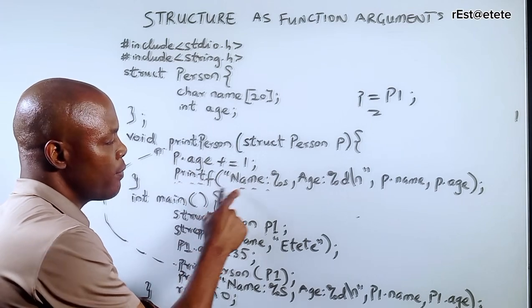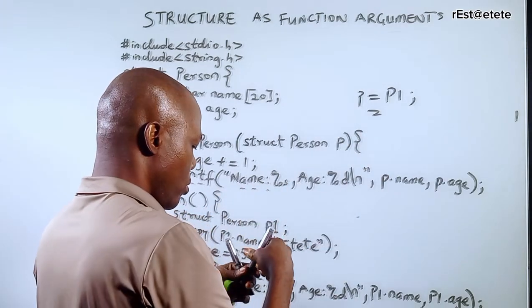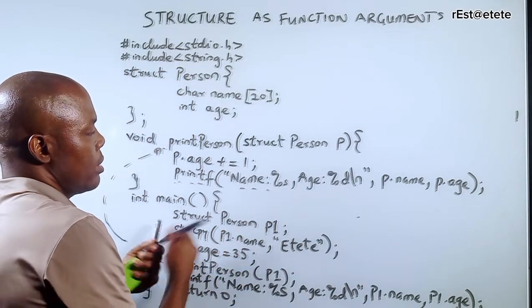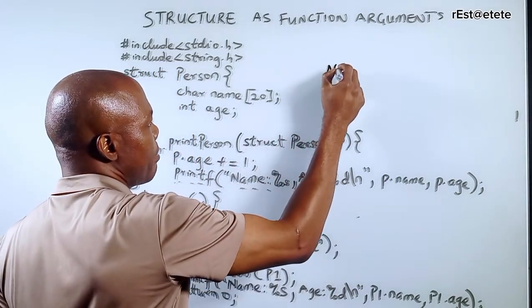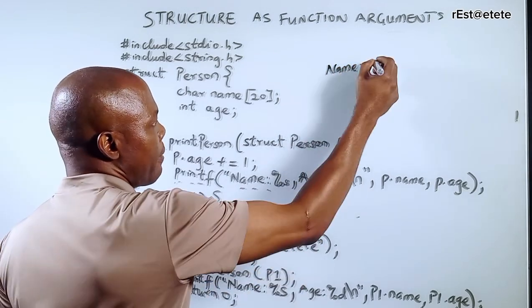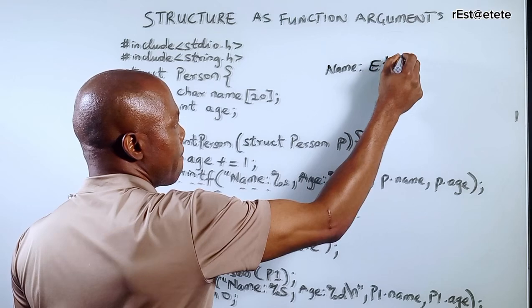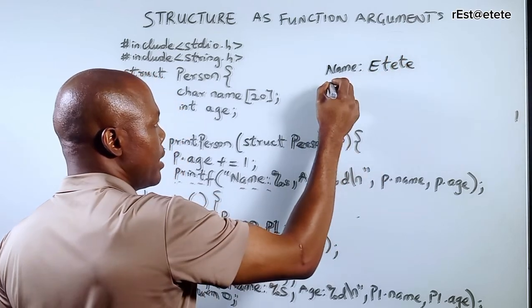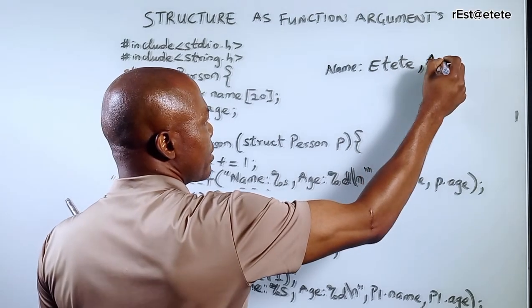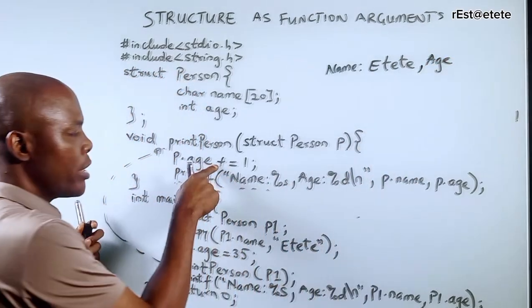Then this printf will print out name. So this printf, this place will print out name. And what will be the name? Etete. Right? Then it will print, that is comma, age. So it has done the increment.